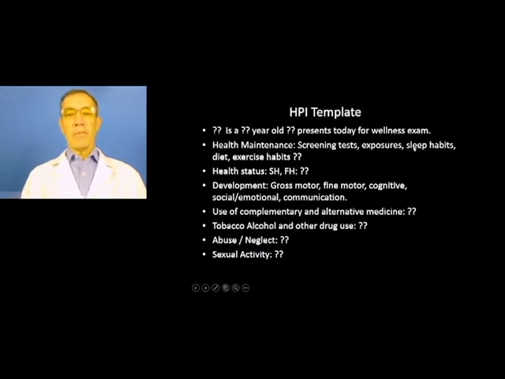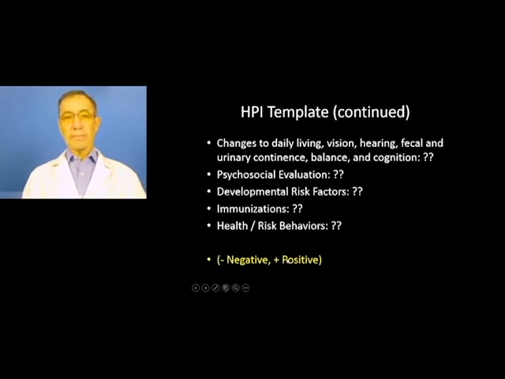There's quite a few: sleeping habits, depression tests, health status, developmental tests in terms of gross motor, fine motor, cognitive. And then, are they using complementary or alternative medicine? How about their tobacco use, alcohol use, other drug use? Any signs of abuse or neglect? And then, are they sexually active?